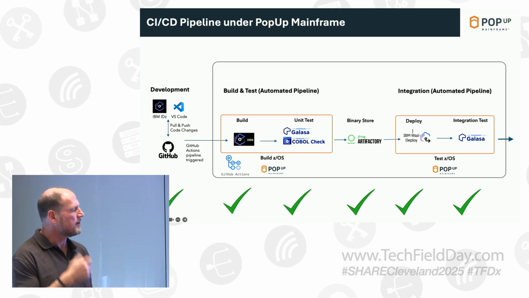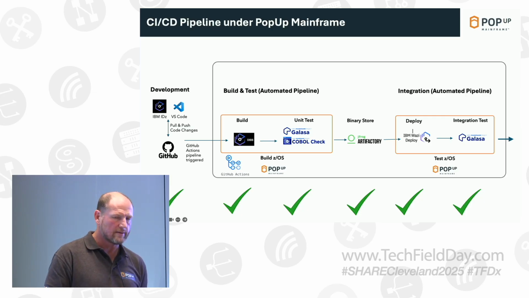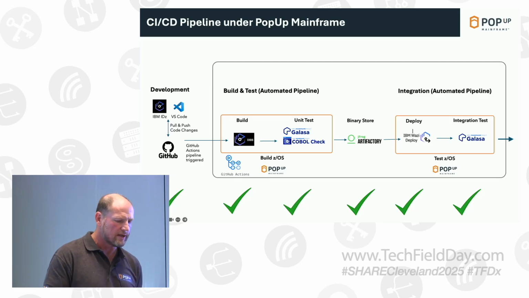Another key advantage of a PopUp is that by using modern tools and IDEs, you make the mainframe accessible to non-green-screen users, and that's really helpful because there's so much other knowledge in the enterprise from people that don't have mainframe skills.